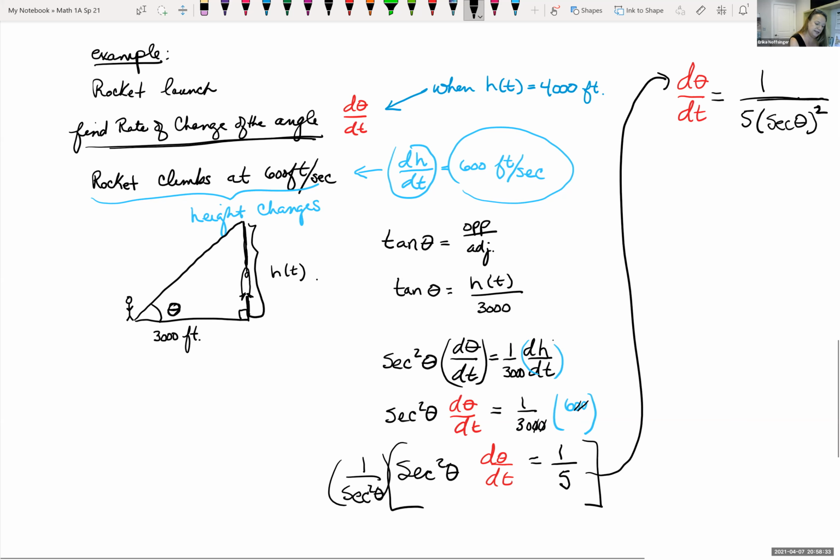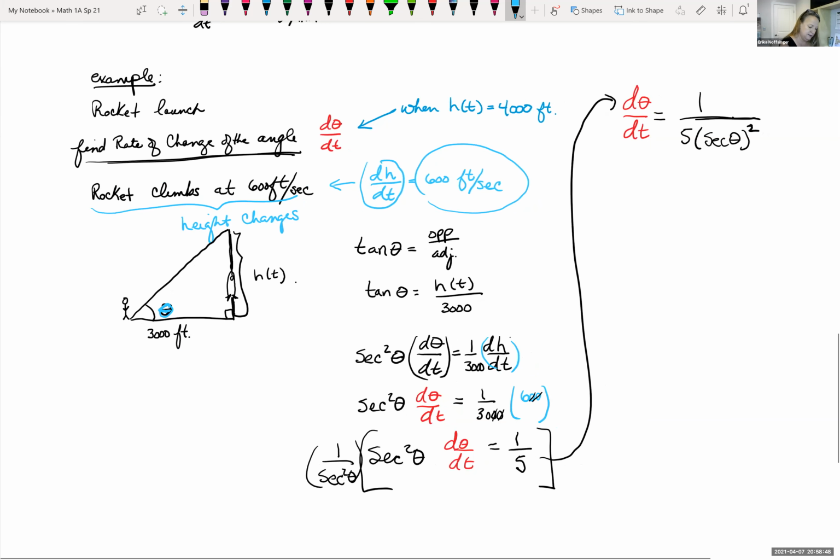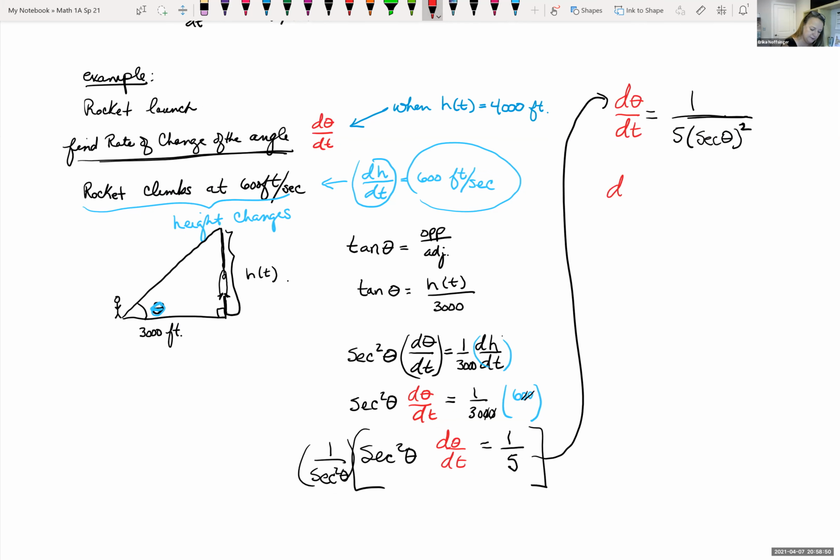I could figure out what secant theta is by looking at my trig identities. Secant I know is 1 over cosine. So this is equal to 1 over 5 times 1 over cosine theta, quantity squared. Well, cosine theta, how can we figure that out?